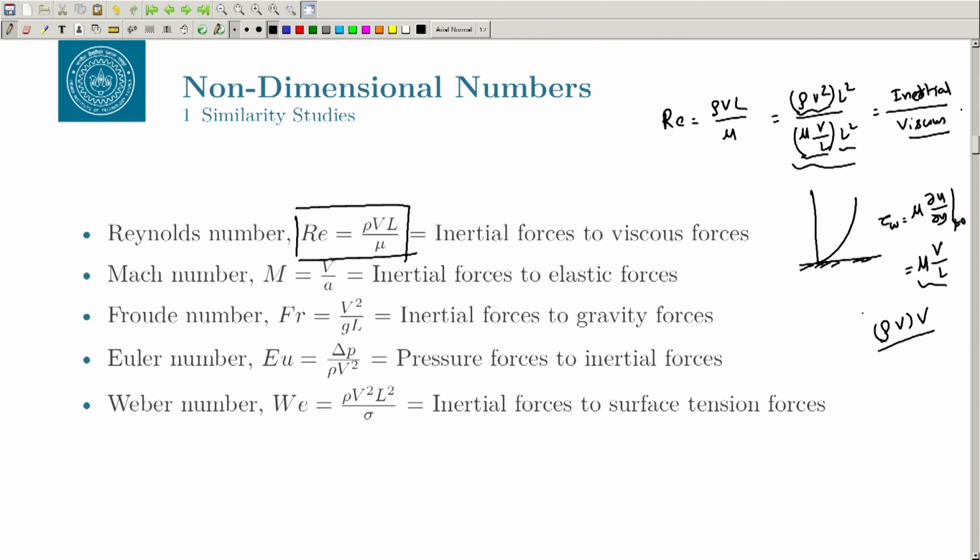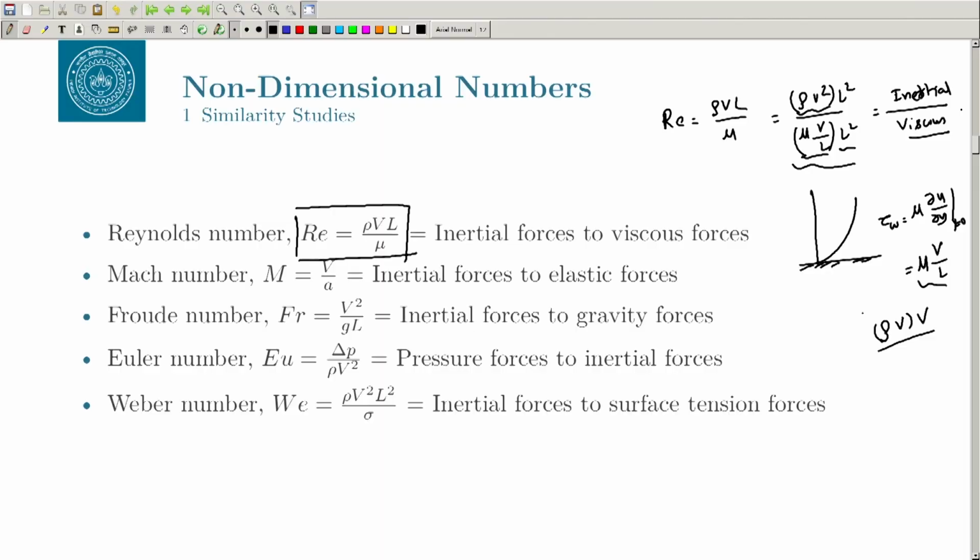The inertial forces are not strong enough to overcome that viscous nature. On the other hand, if you go to a higher Reynolds number, the viscous forces will be small. So, the boundary layer forming on the body will be very, very thin, but at the same time you will have the flow gradient changing in a very, very thin region.